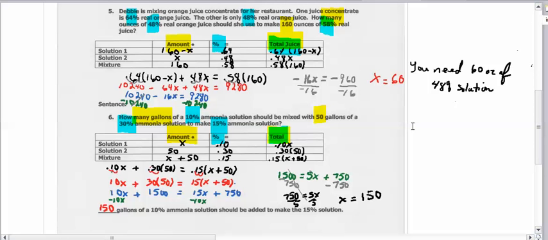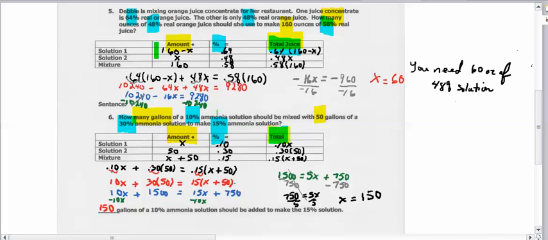We plugged in all the percents. We plugged in what we didn't know, because it says how many 48%. Oh, sorry. And there was an empty spot right here, so that means that we made a subtraction, and we just did the math.